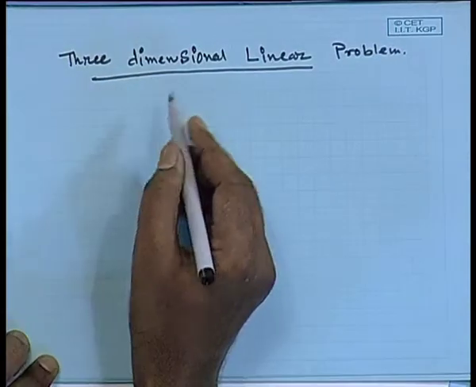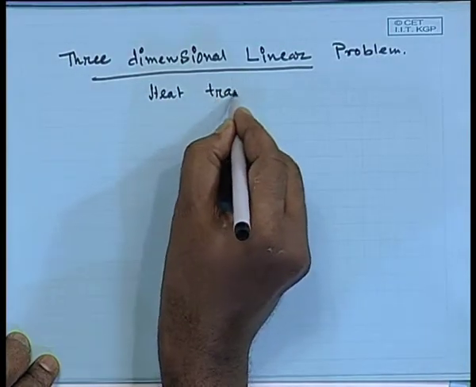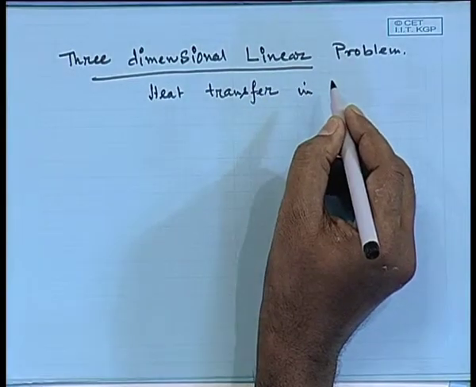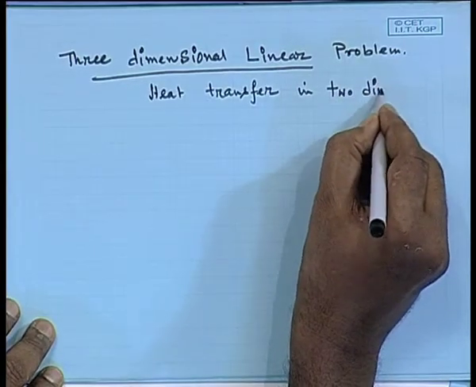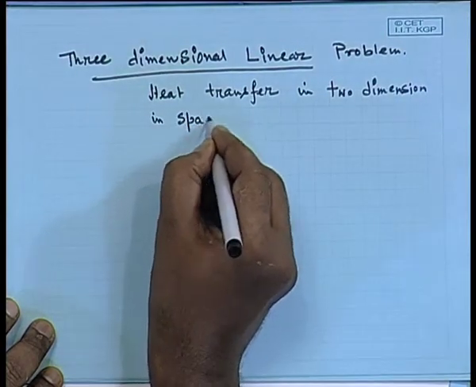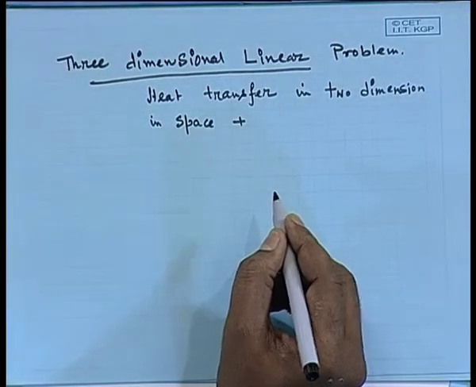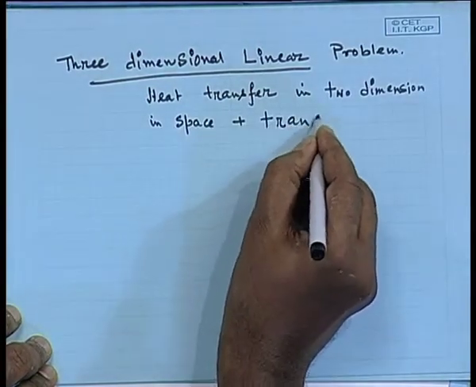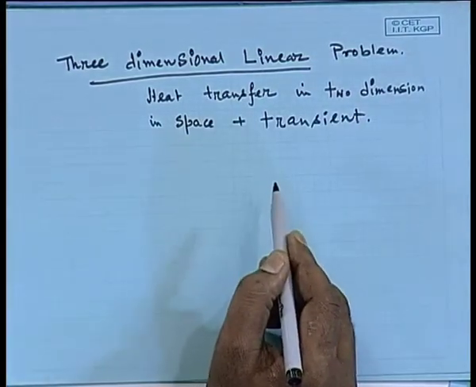Let us say you are having heat transfer in a block in 2 dimensions in space as a function of x and y both, as well as you are having transient. So, it is basically a transient 2-dimensional problem. So, ultimately it becomes a 3-dimensional problem.